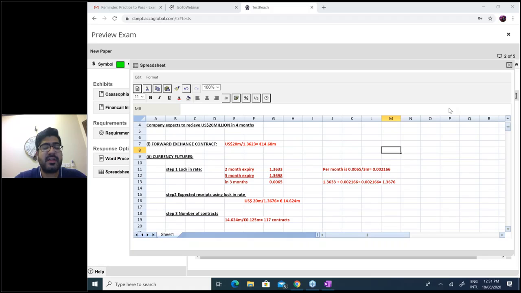What you have to write, it's better you refer to my answer. The amount we will receive after 4 months through this commitment is in step 2, 14.624 million euros.